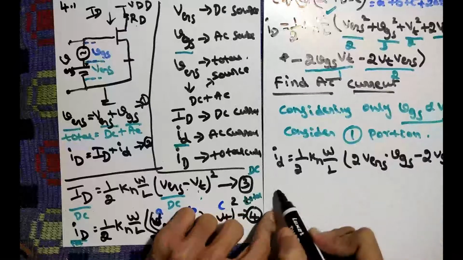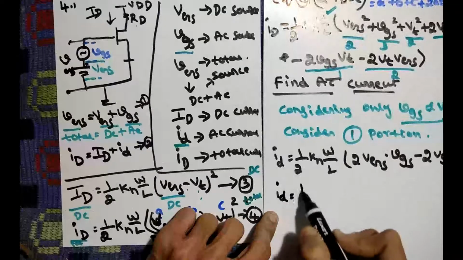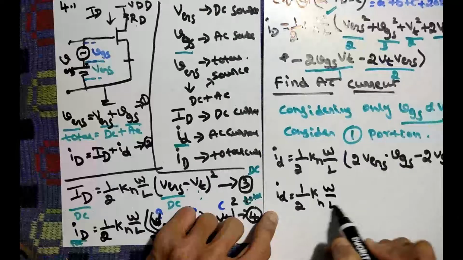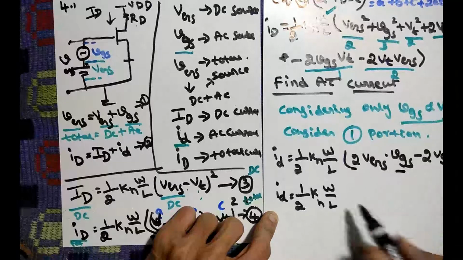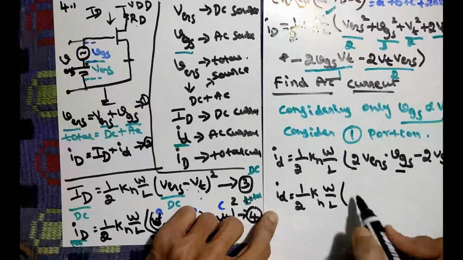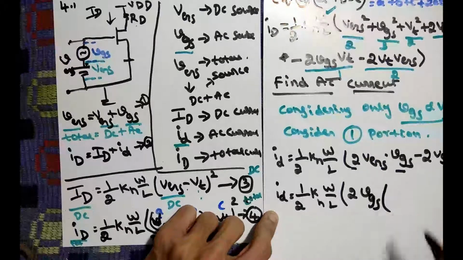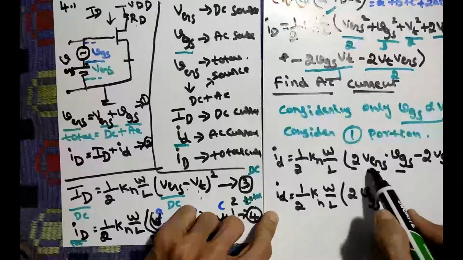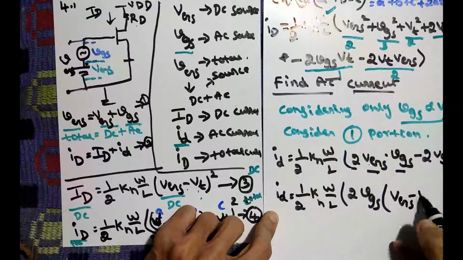When you simplify this one, we are getting ID is equal to, as it is, 1 by 2 Kn W by L. So here which one is common? 2 is common, small VGS is common. So take that one outside. 2 small VGS, that is nothing but the AC signal, into next we got capital VGS and VT. So make it capital VGS minus VT.